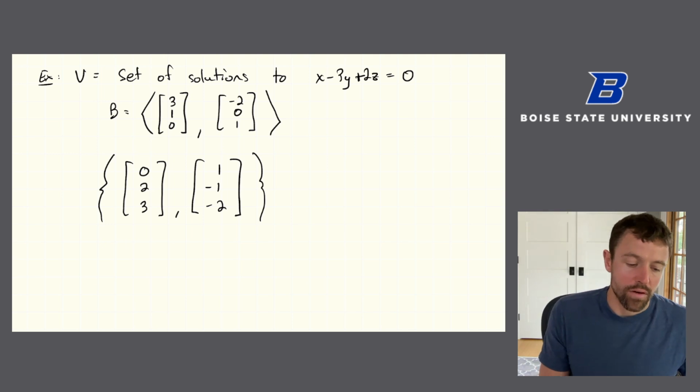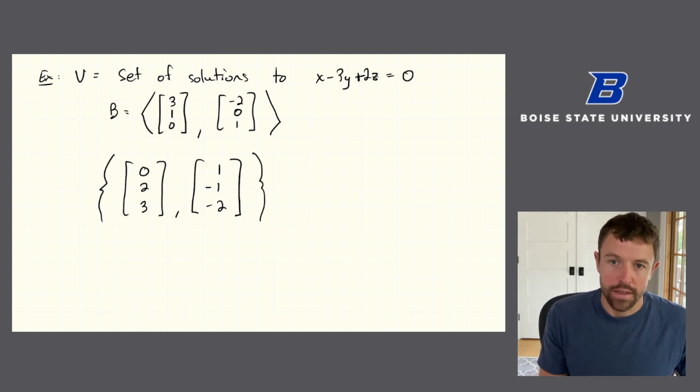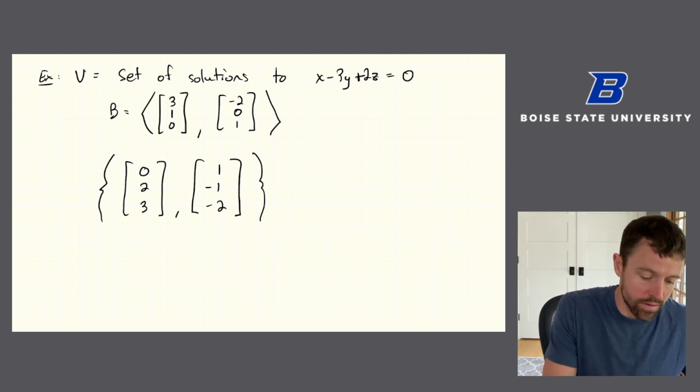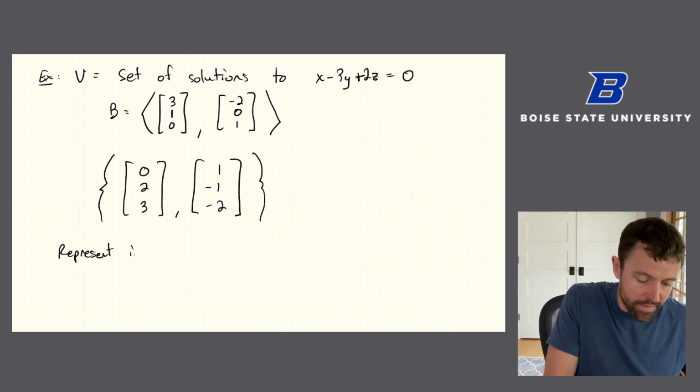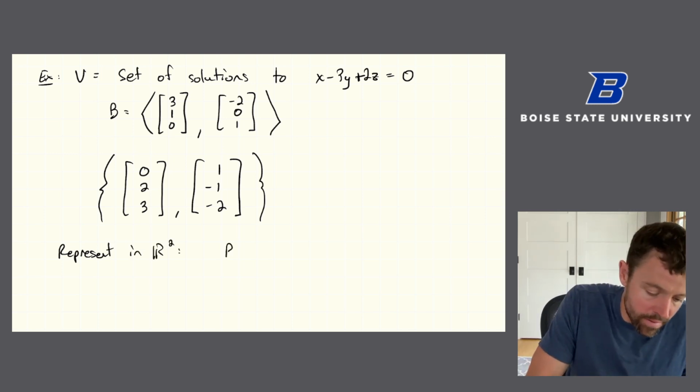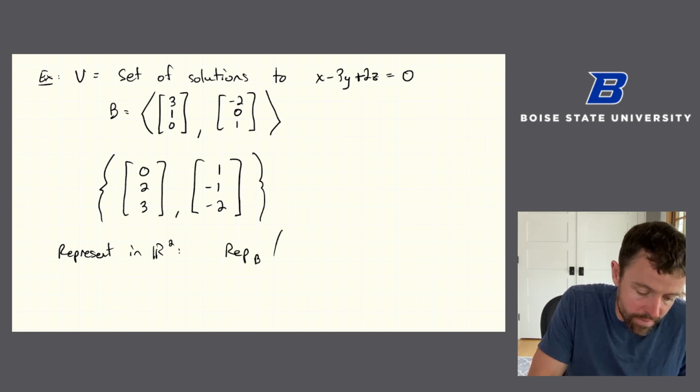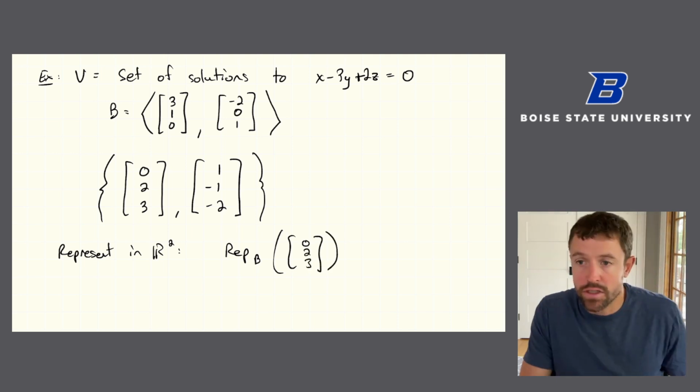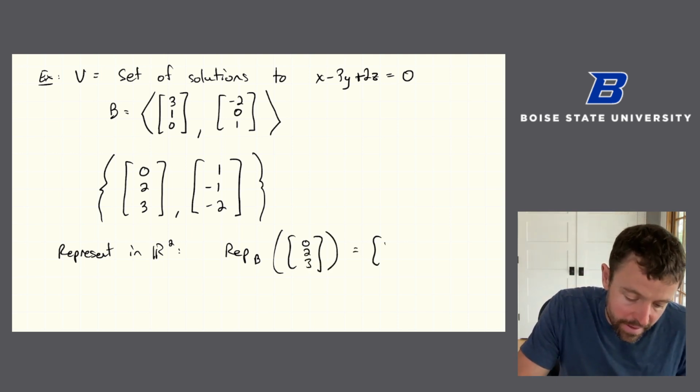So what are we going to do? We're going to represent these as vectors in R2. And you would do this using the process that I just described. You end up getting the following.